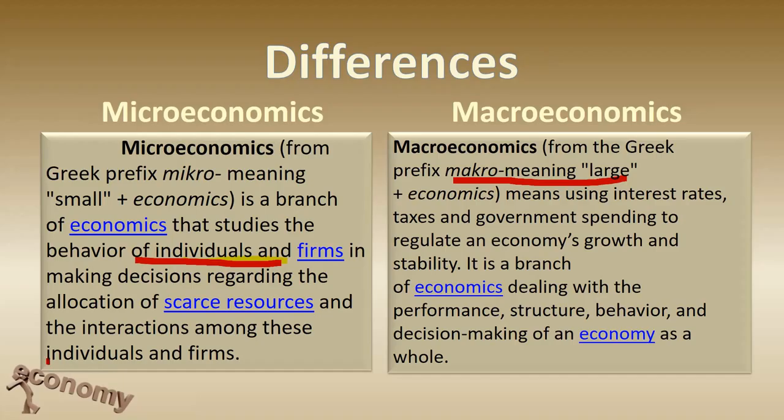In microeconomics we are talking about individuals and firms making decisions, whereas in macroeconomics we are talking about the total economy as a whole.